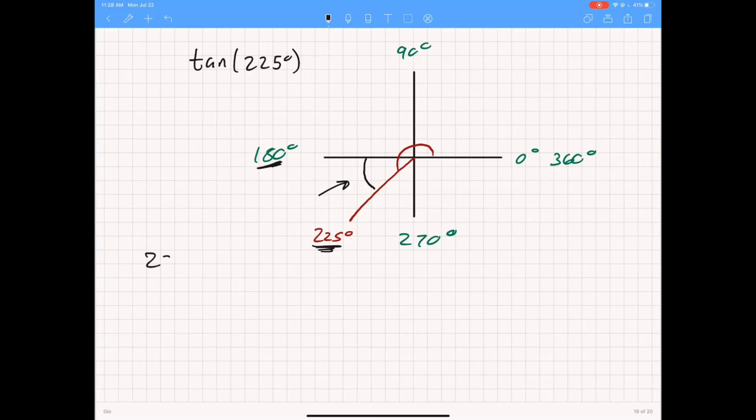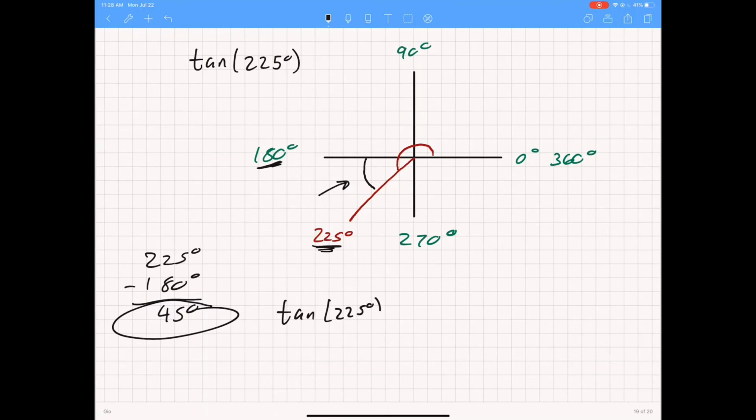So 225 minus 180 will give us 45 degrees. So again, we'll just use that instead of 225. So we have to put down tangent of 45 degrees.